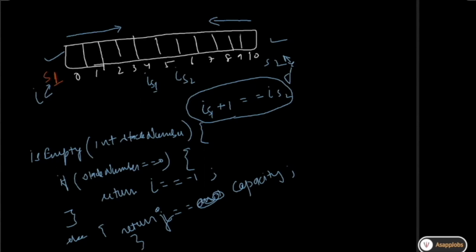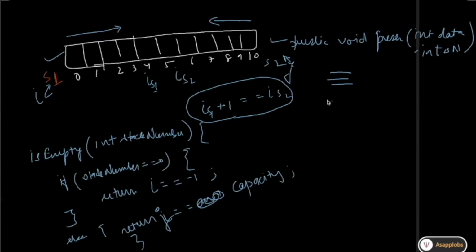Similarly, what should I write for the push? So suppose I have to write code for push: public void push(int data, int stackNumber). What should I write here?